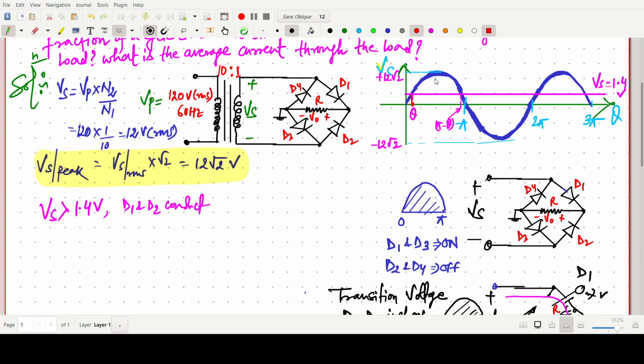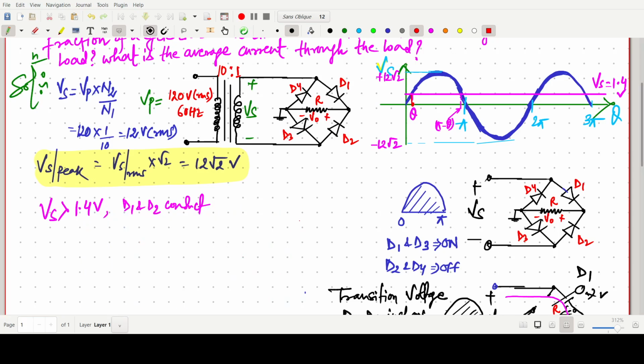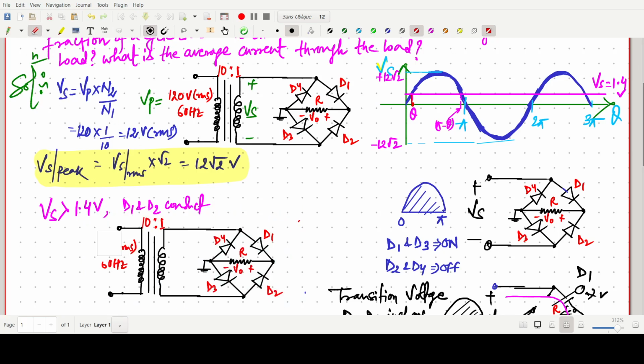The maximum value of the output we can easily find from this circuit. I'm making the same circuit again, because this portion is very important.